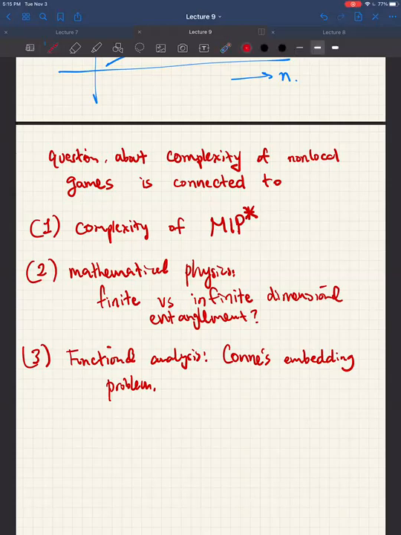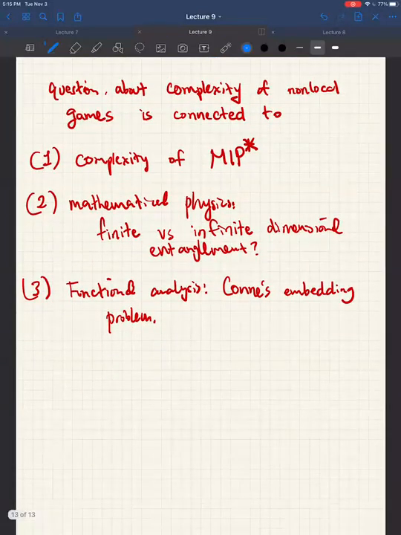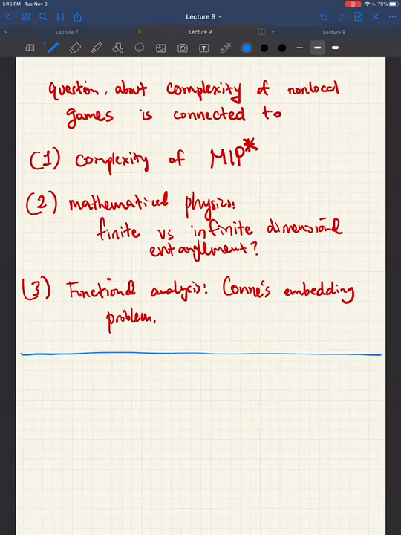All right, so let's start seeing what these connections are. Let's start with the first one, which is this complexity question, the complexity of MIP star. If you remember from one of our earlier lectures, we talked about different notions of proofs.